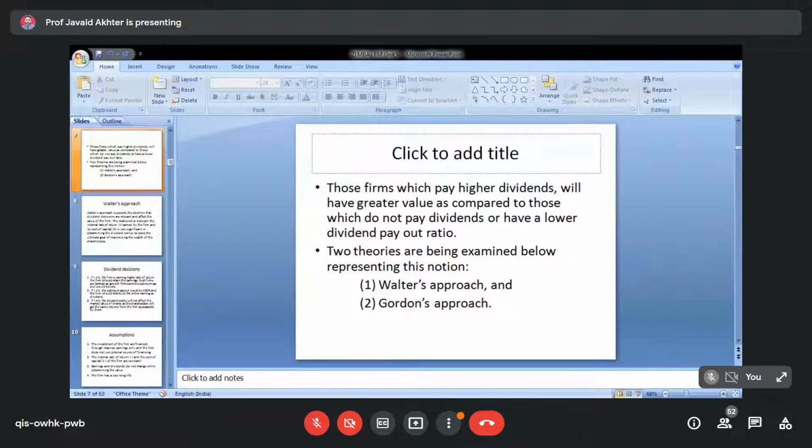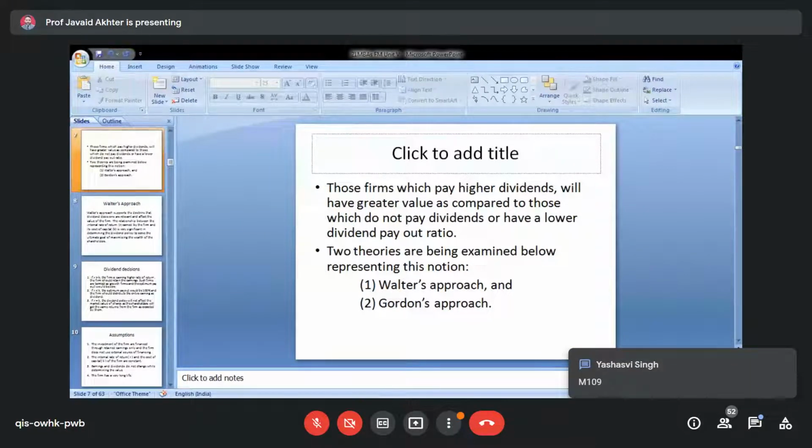Another school of thought says that paying dividend definitely affects the valuation of a company. Paying less dividend affects less, paying more affects more. The authors or academicians who belong to this group, their theories can be classified as dividend relevance theory, and the opposite group's theories can be called dividend irrelevance theory.